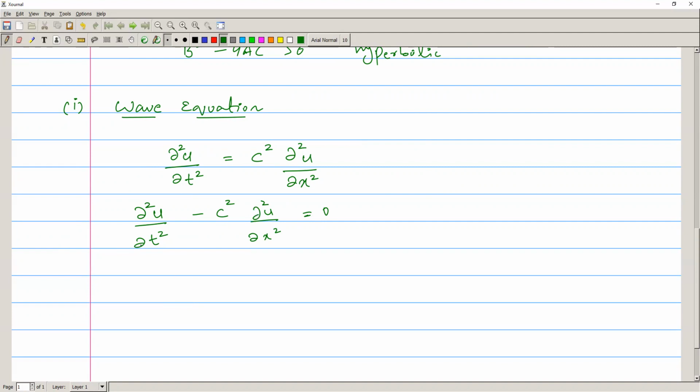So now this implies that u_tt minus c squared times u_xx is equal to 0.